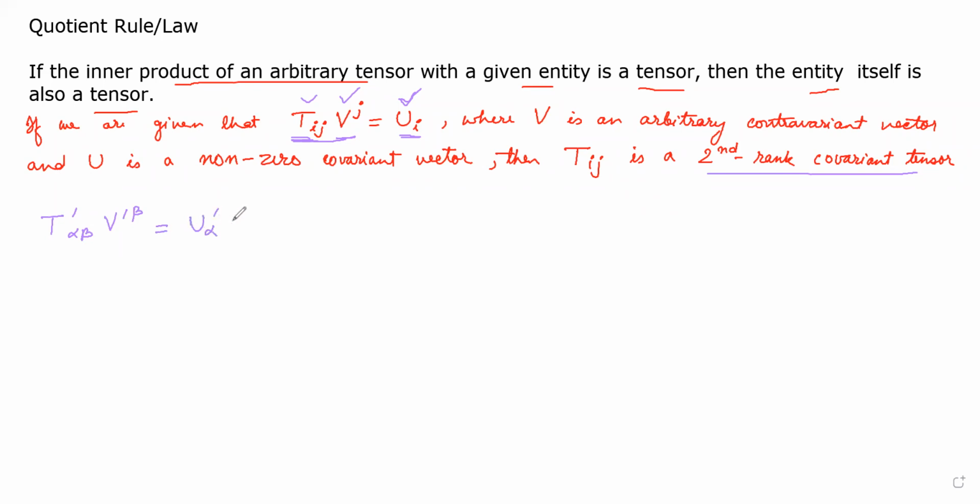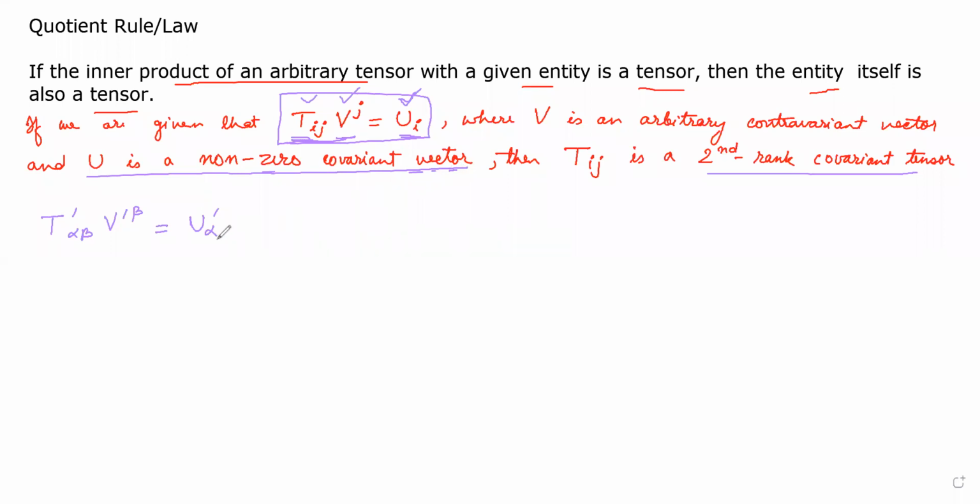So this is what is given: T alpha beta V beta, if I contract over the index beta, then I get U alpha. This is the given condition in the prime frame. Now it is also given that this U alpha is a non-zero covariant vector.